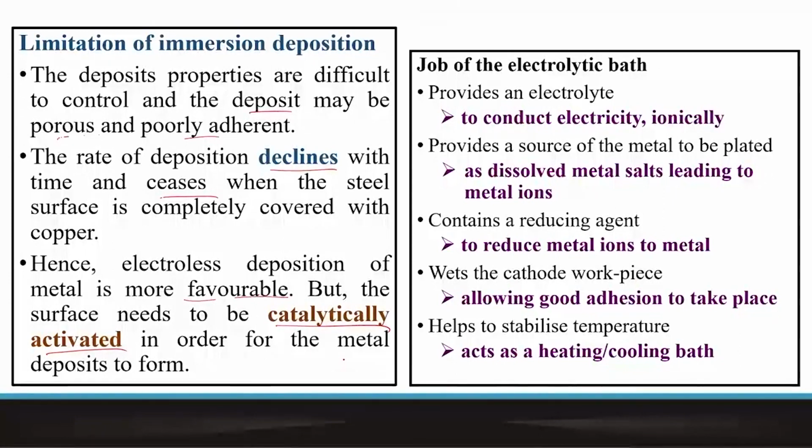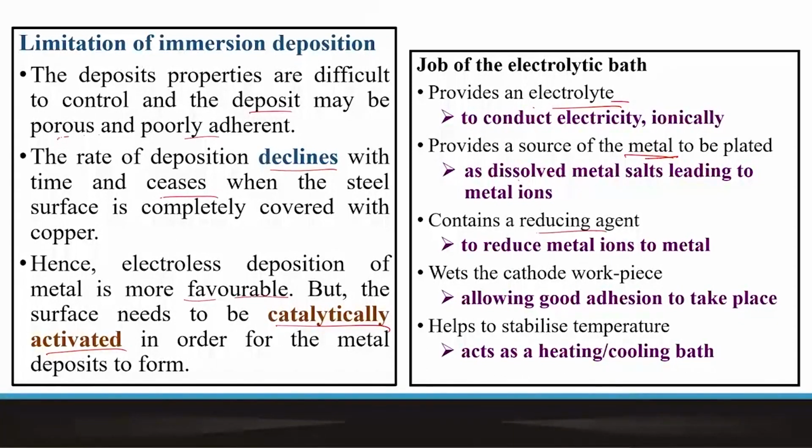On the other hand, the electrolytic bath that we use in the case of immersion deposition should provide an electrolyte to conduct the electricity, or the ionic conduction, and should provide the source of the metal to be plated, say copper or nickel, whatever we are dissolving and depositing.